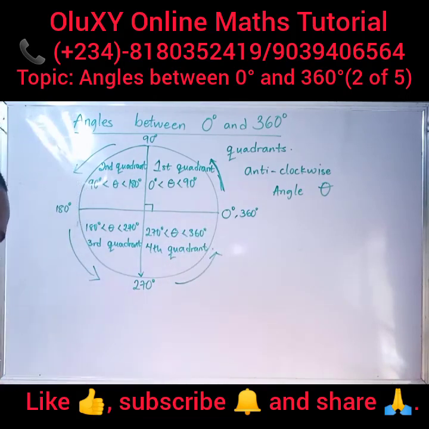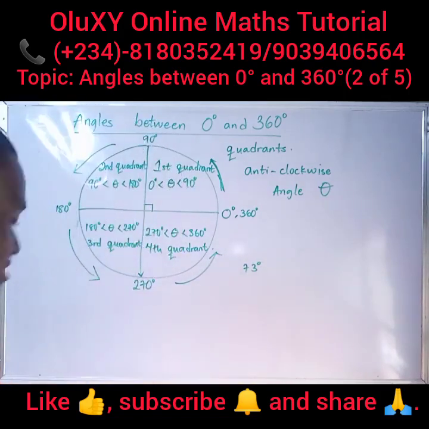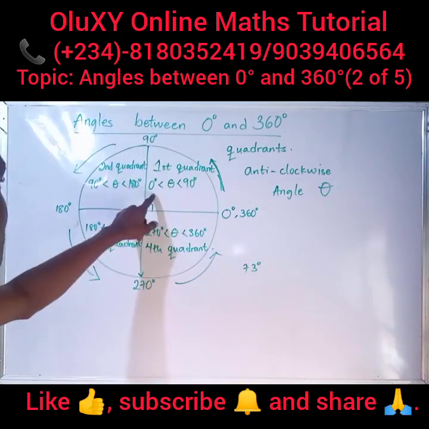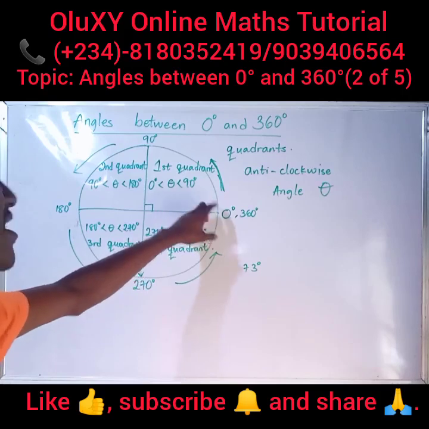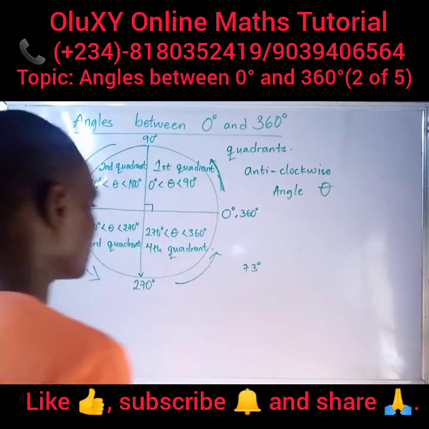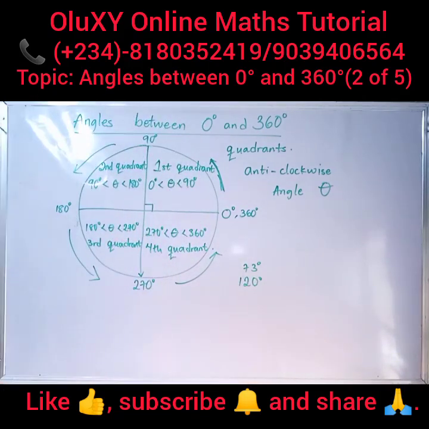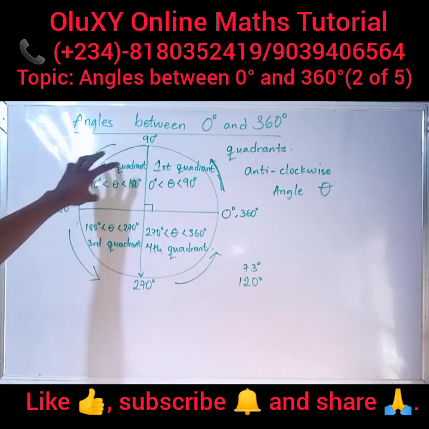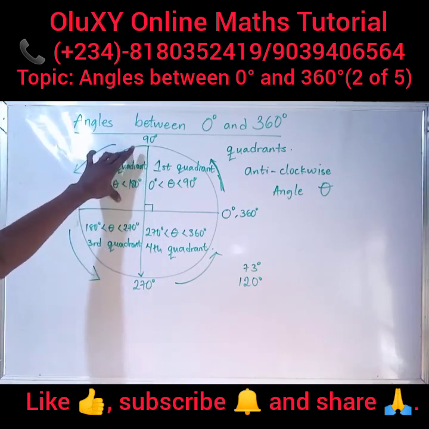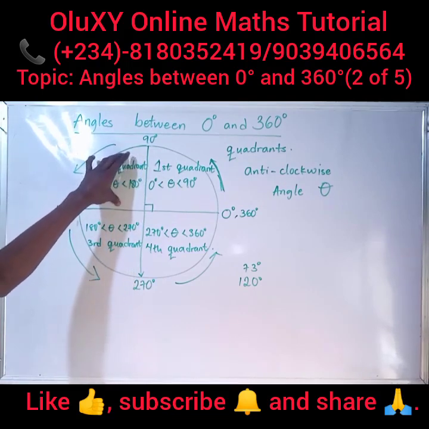Say for instance, if I'm required to find angle 73, 73 is a value between 0 and 90. So I am going to find this 73 in this first quadrant. But what if I am required to find angle 120 degree? This is an angle that is greater than 90 degree but less than 180 degree. So I will find it here, up to 179 degree. I'm going to find all of them inside here.